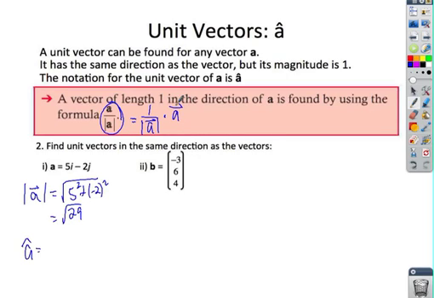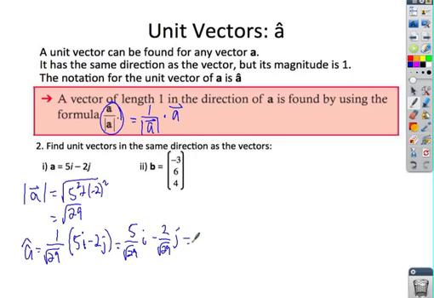And that's how I'm going to write this one: 1 over root 29 times (5i minus 2j). And as you'll recall, when I did this in class, I said you can also distribute the 1 over root 29 onto the different components. So this could be 5 over root 29 i minus 2 over root 29 j.